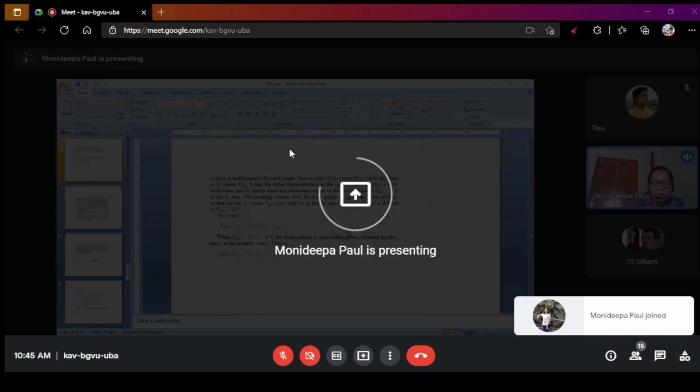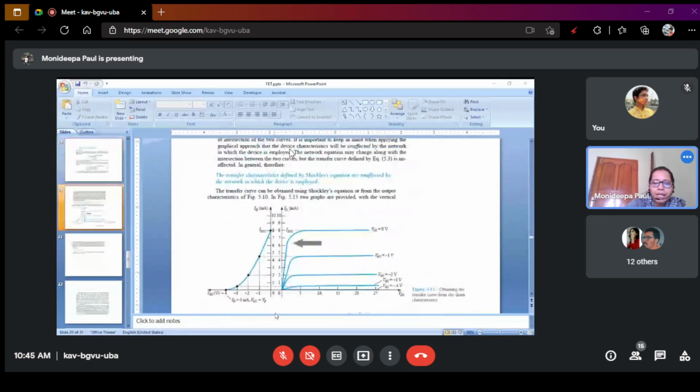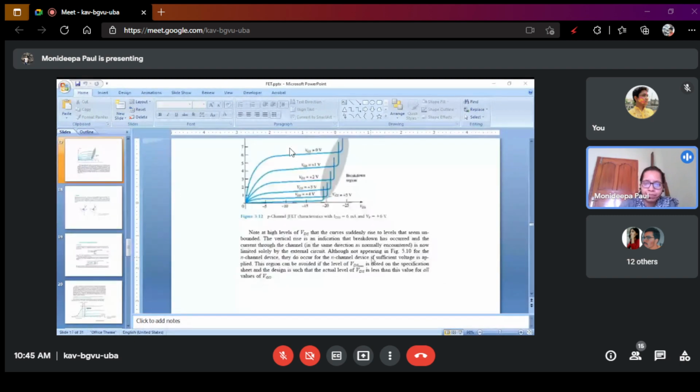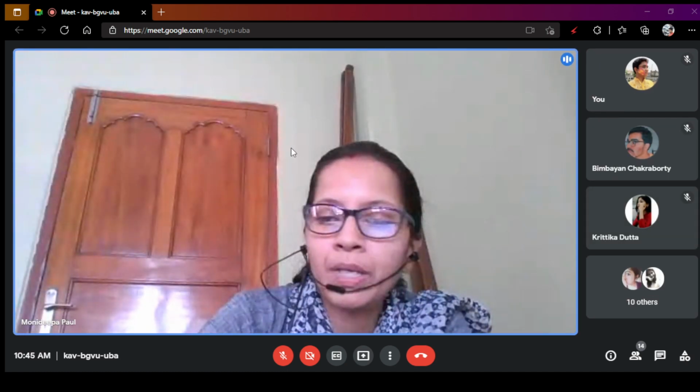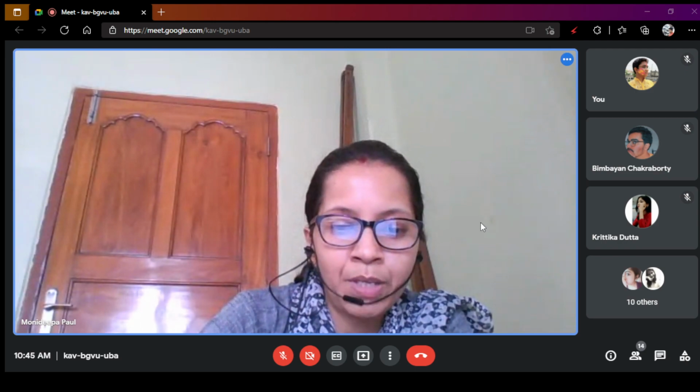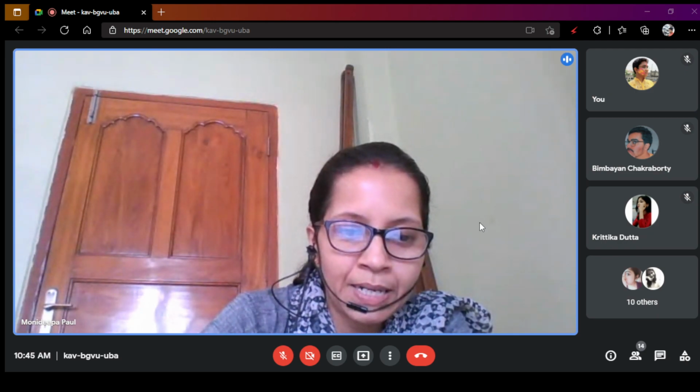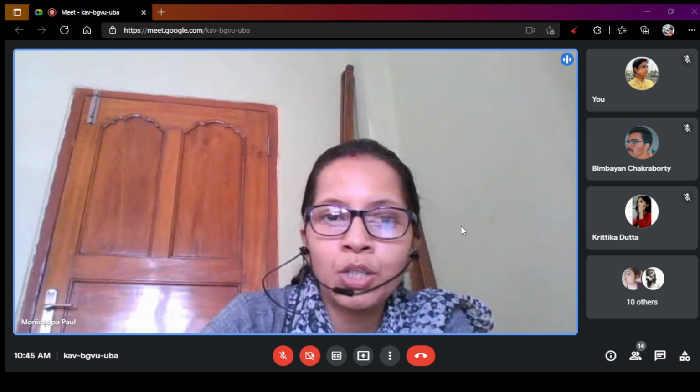You just write down the theory. This is the output characteristics curve of the JFET, for the N channel. So you draw this curve, the N channel JFET output characteristics curve. From the slide, you draw this curve if the question comes in your exam, and just write down the theory.